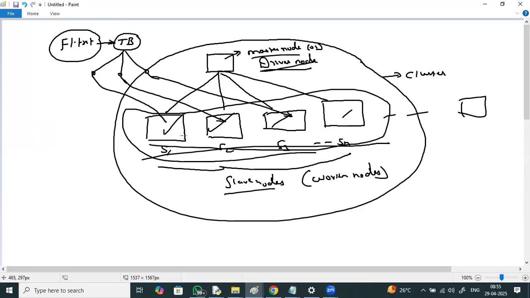But with what logic does the data have to be processed? Parallel processing has to happen in all of these. Who provides the logic? The driver provides the business logic to all these worker nodes, and with that logic only, they are going to execute.